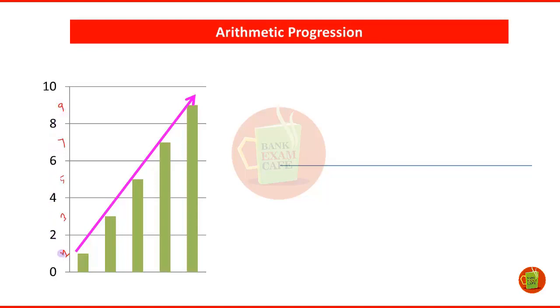So if you observe, there is a difference of 2 in each successive number, and so it has formed one particular pattern. And so it is called an arithmetic progression, because the common difference between each successive number is 2. This 1 will be called the first number, 9 will be called the last number, and 2 will be called the common difference.